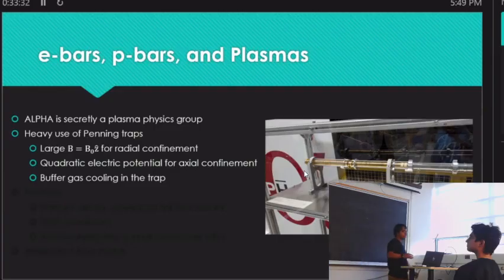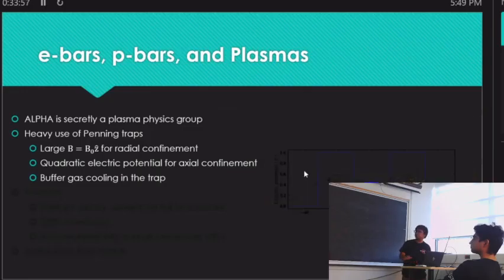And what we have here is a large static magnetic field superimposed to confine things radially, and then a quadratic electric field to confine things in the other direction. And these particles are brought in, they're caught into the trap. There's a cold gas that they're mixed with to cool them. So they bounce off the gas particles and they come closer to the temperature of the gas.